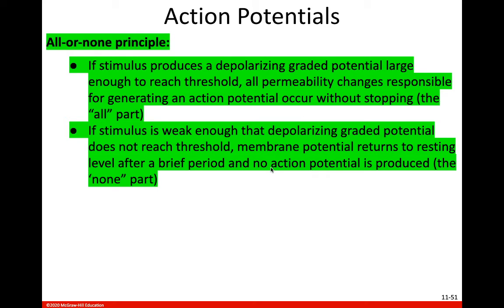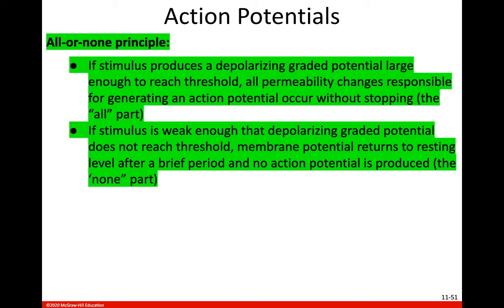If the stimulus is weak enough that we don't produce either a large enough graded potential or enough small graded potentials to get us up to threshold, then the resting membrane potential will return, and there will be no action potential, and that's the none part. So you either get an action potential or you don't.